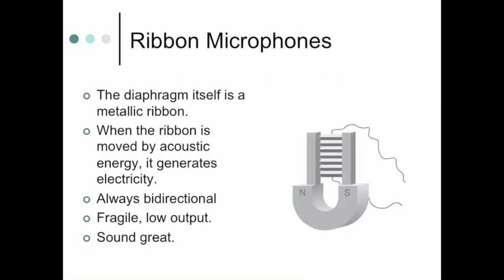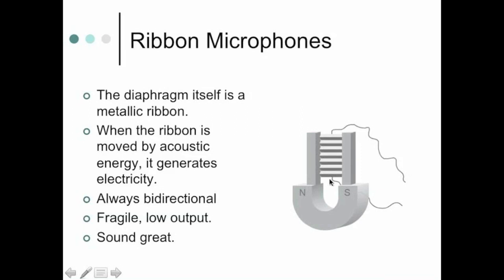So a ribbon microphone is a little different than a standard moving coil dynamic microphone in that it's more sensitive, number one, has a higher frequency response, is less durable, and can be damaged fairly easily. You see that this wrinkled kind of looking piece of metal is actually the diaphragm.